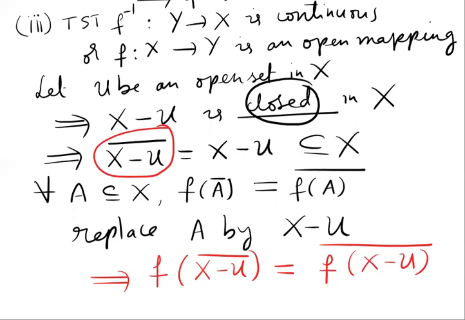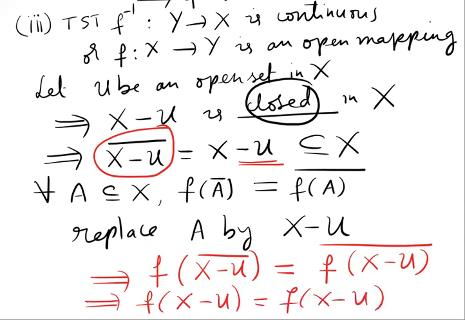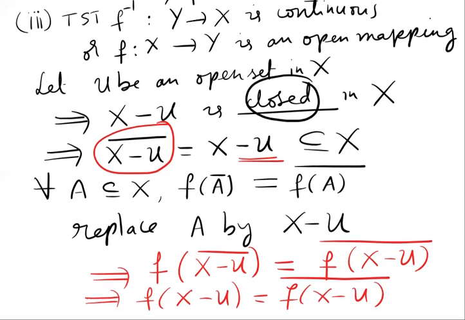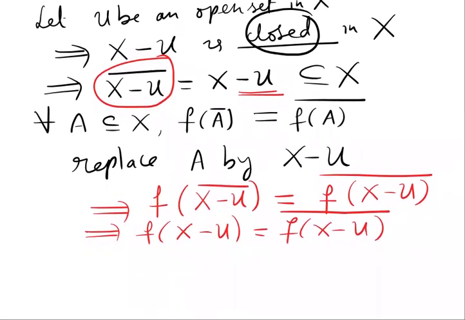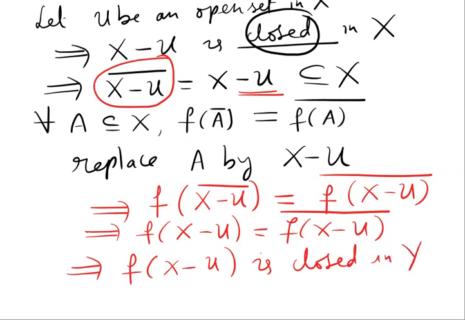X minus U bar is nothing but X minus U. So this implies F of X minus U is equal to F of X minus U whole bar. You have A equal to A bar. Whenever A is equal to A bar, this implies F of X minus U is closed. Closed image, no? So it is closed in Y.